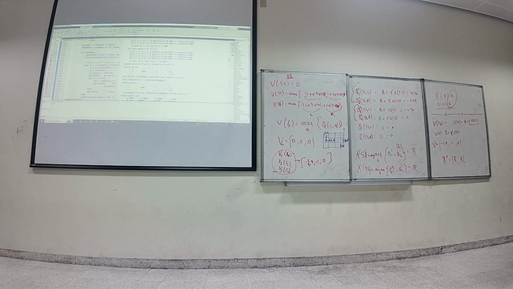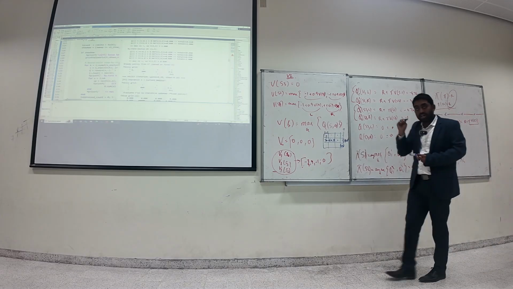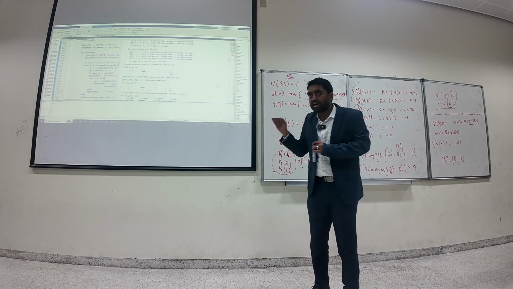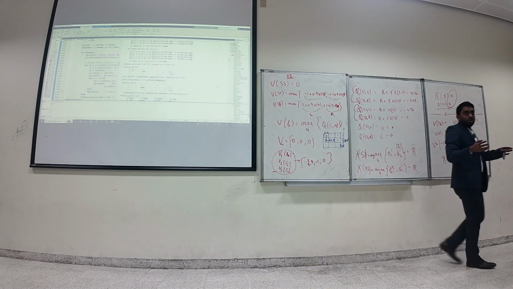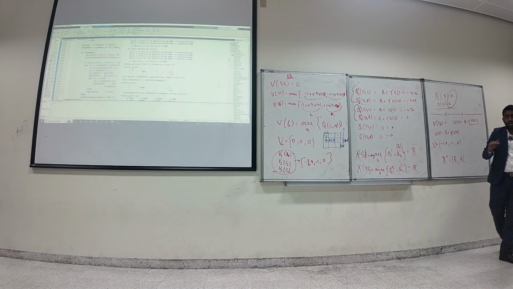So if you have two optimal actions in that state, you can choose any action. It doesn't matter, because your final value function would be optimal, irrespective of the action you take, if the action is optimal in that state.